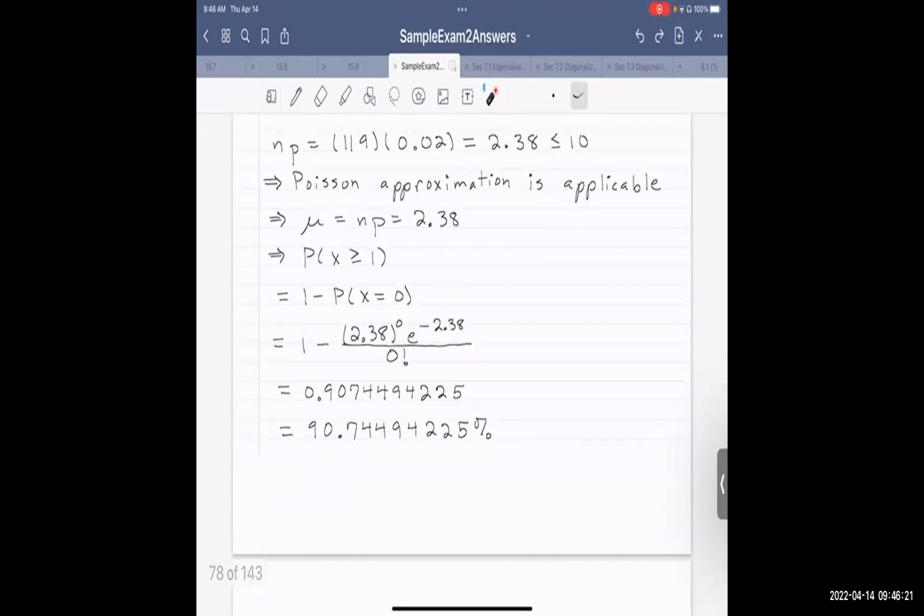And so let's use the Poisson probability formula. So 1 minus mu, 2.38, to the X, 0, e to the minus mu, e to the negative 2.38, divided by 0 factorial.